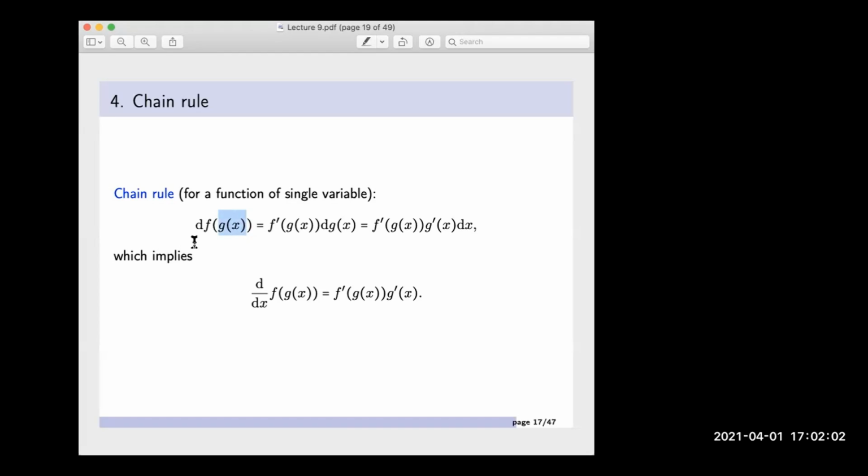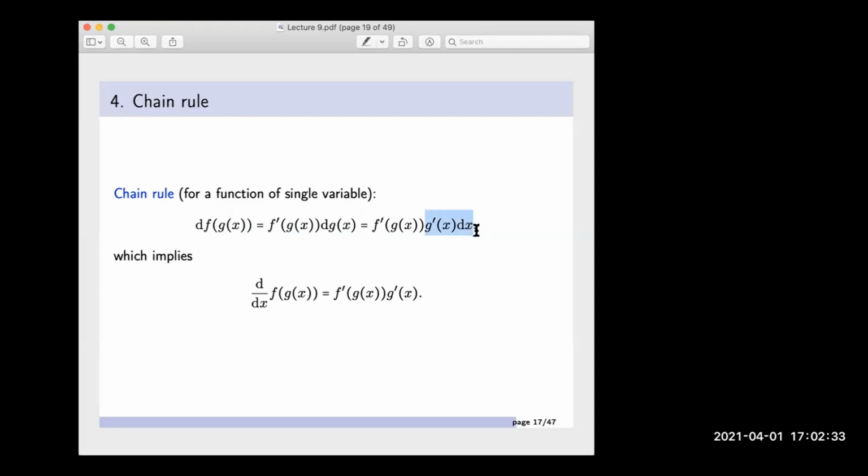You consider the change of the function value. Then if you regard g of x to be the variable, then the change of function value will be equal to the derivative of f times the change of the variable inside f. So that would be d of g.